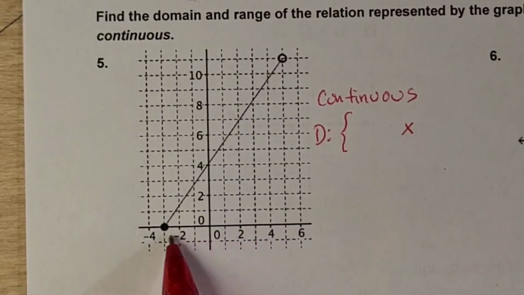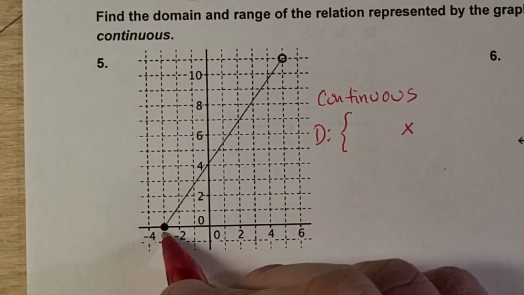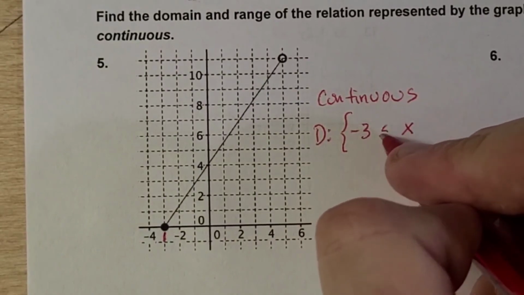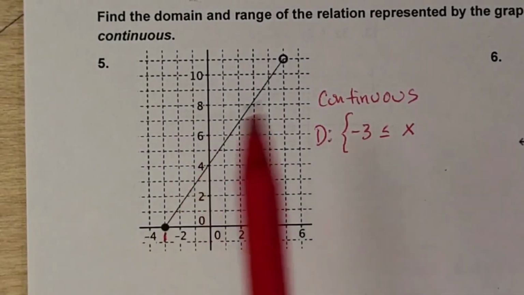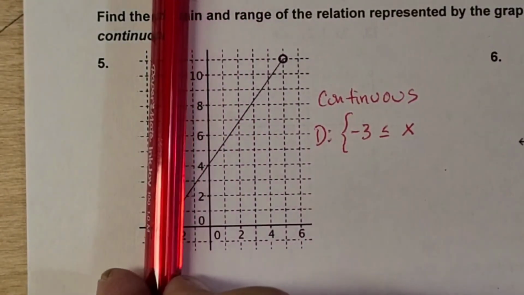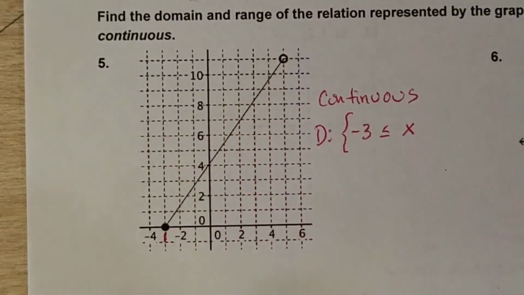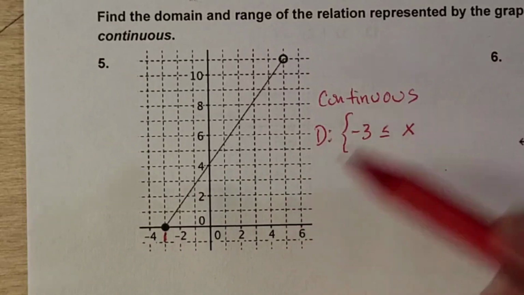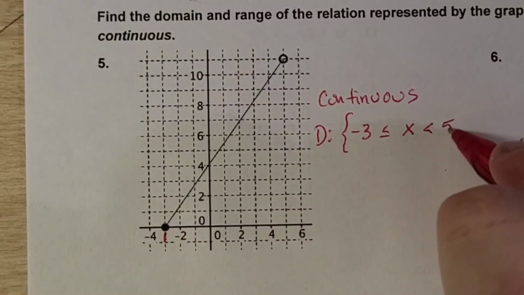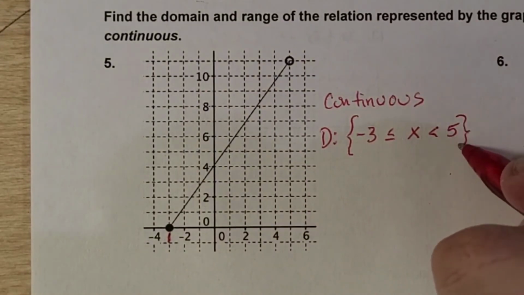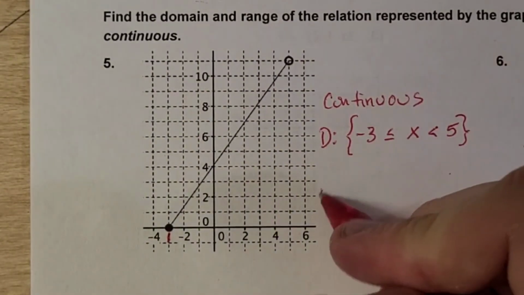If I go all the way to the left, it looks like my smallest x value is here at -3, which is less than or equal to x, because that's a closed circle. My largest x value, as far as I can go to the right, is at 5. So x is less than 5, no or equal to line, because that's an open circle. Okay, so there's my domain.